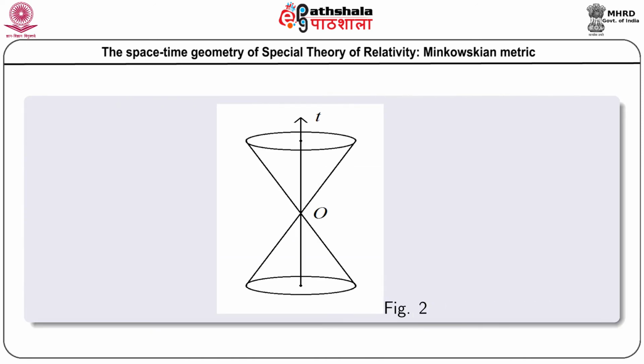So, this is the figure: at O the observer is sitting there, and above O, the upper part of that cone is called the future cone or future null cone, and the lower part is called the past null cone.